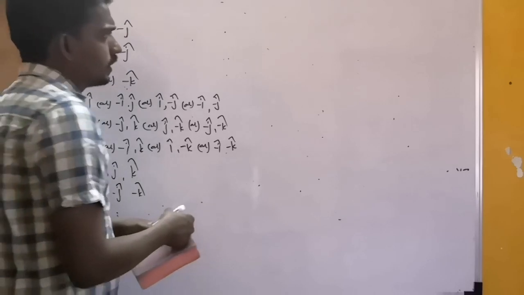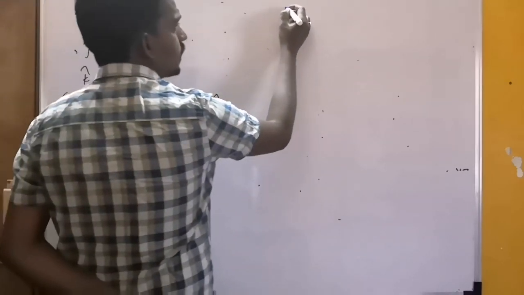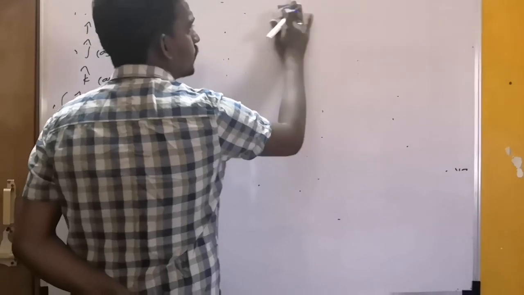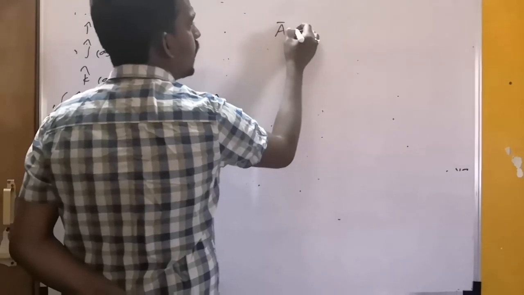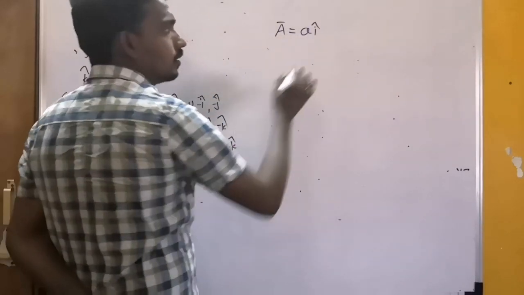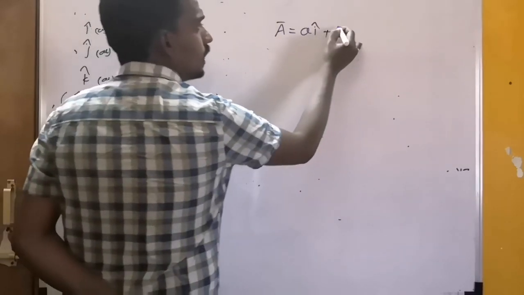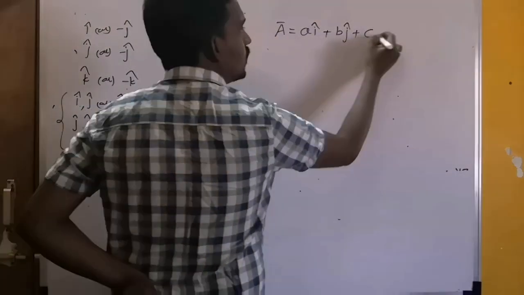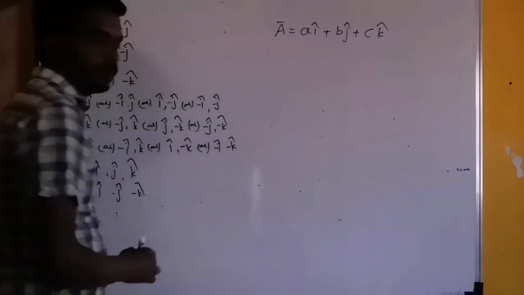So finally the generalized vector representation is, let's take one vector a bar. So a bar equal to, there is one x component, there is one y component, there is one z component.